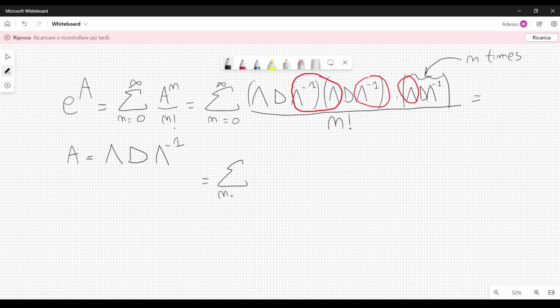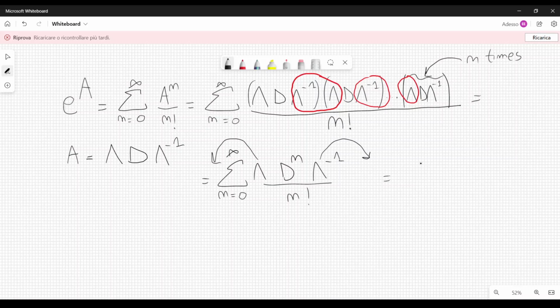We can rewrite it as sum with n going from 0 to infinity, lambda times D to the power n, because all these D's here will multiply, and then I have lambda inverse over n factorial. So I can put lambda out of the summation, and also this lambda inverse will go to the right.